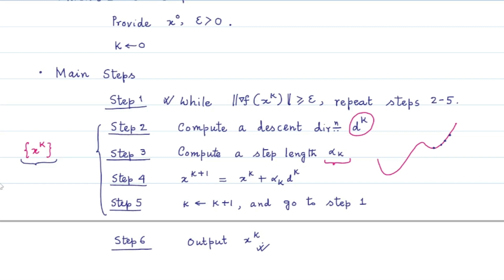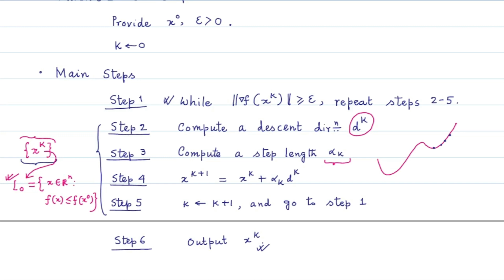If, however, we somehow get to know that the initial level set L_0, given by the set of all points in R^n for which the function values are less than or equal to f(x_0), is bounded, then you notice that this sequence x_k generated by the algorithm is a bounded sequence, because all the points x_k are inside this initial level set L_0.